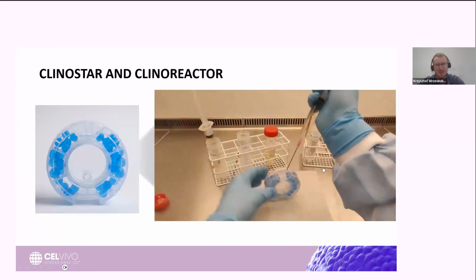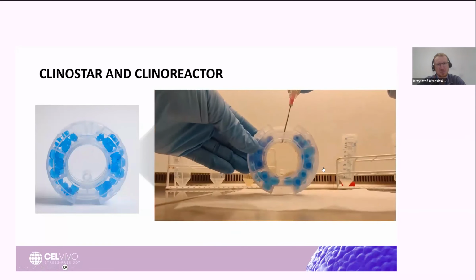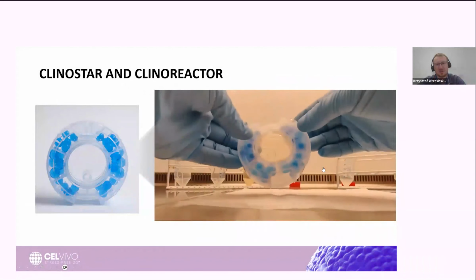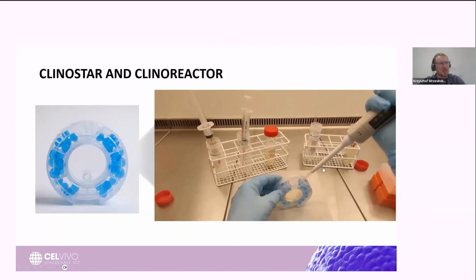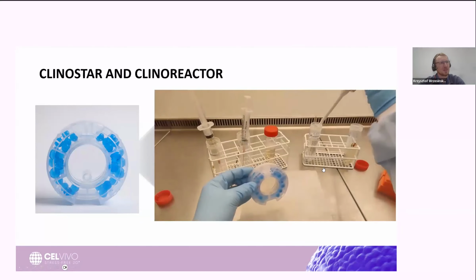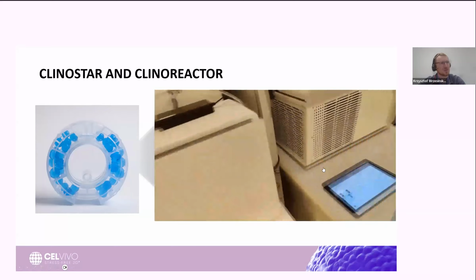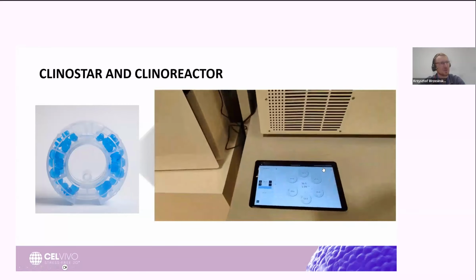This sped-up video shows the media change procedure in a clinostat, where we use a standard 10 milliliter syringe to remove and replace media, and then re-sterilize the whole system, and then it's ready to be reintroduced into the drive system.